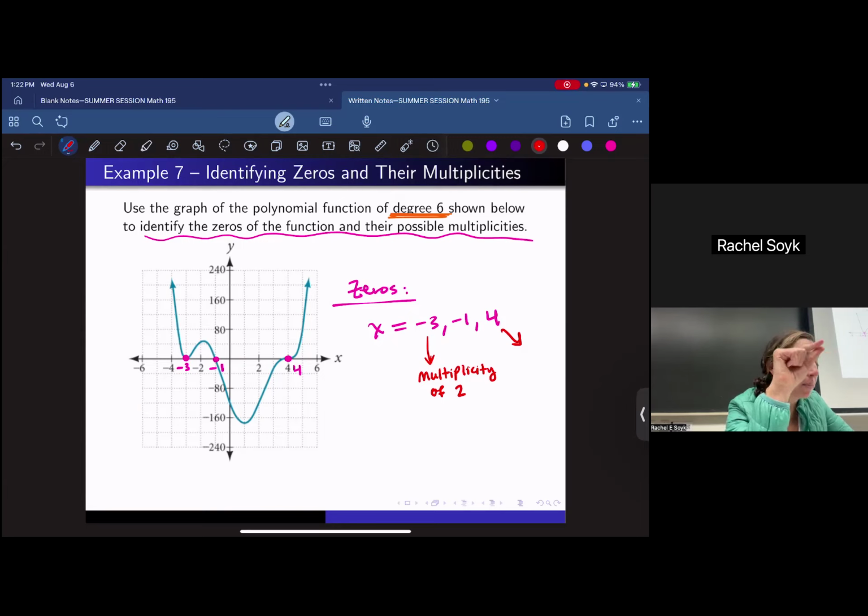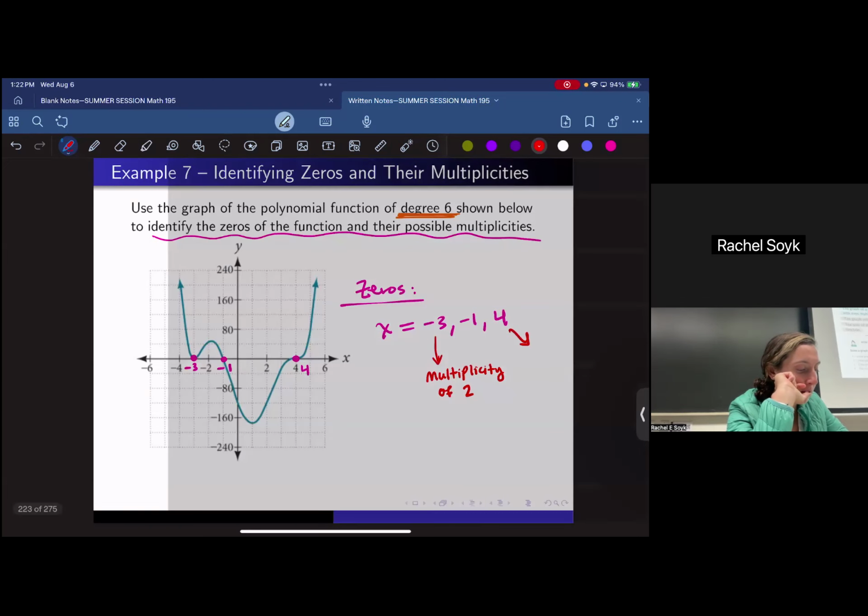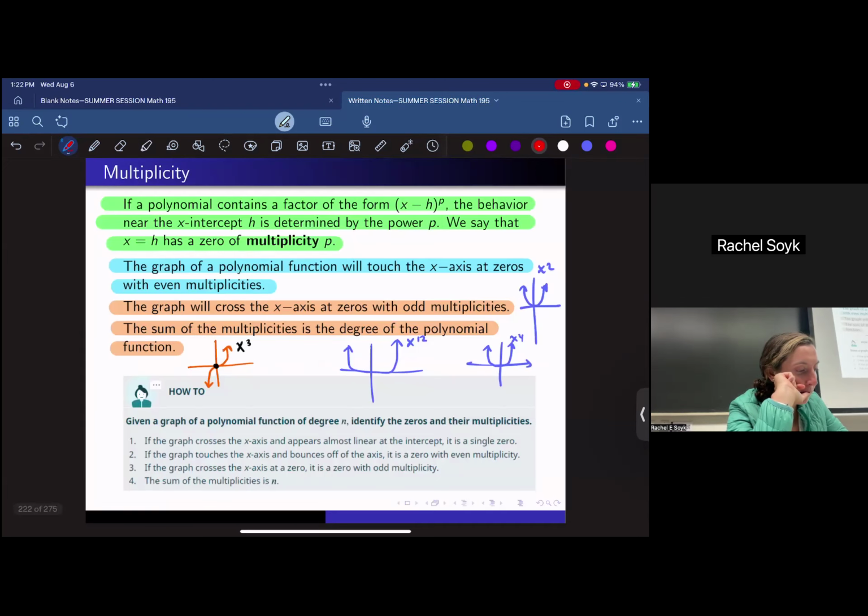No, it only bounces off the x-axis if it's even. So remember, anytime it's even multiplicities, it's going to touch the x-axis at the zeros. Whereas if it's odd, and you're dealing with multiplicities, it's going to cross straight through the x-axis.